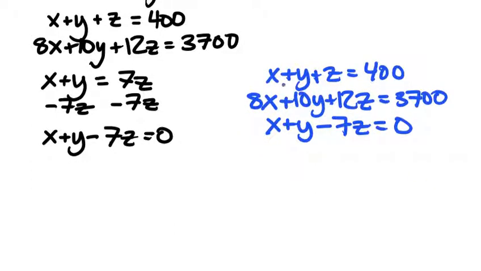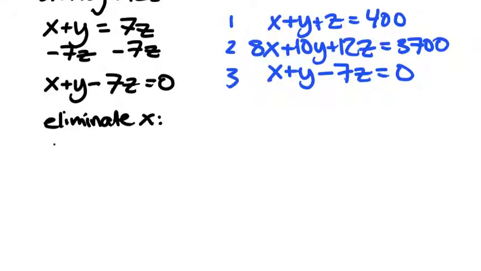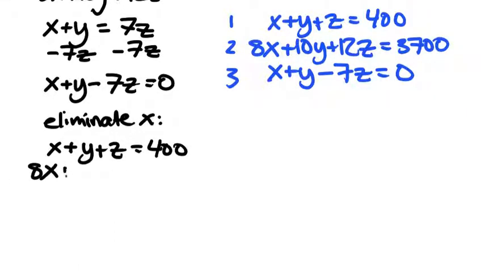What I'm going to do is start with equations 1 and 2 and put those together. So this is 1, 2, and 3. And I'm going to be eliminating x. The nice thing about these problems is that the numbers generally are a little bit nice to work with.